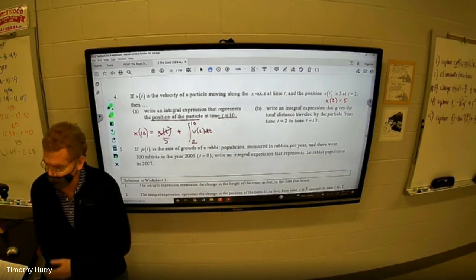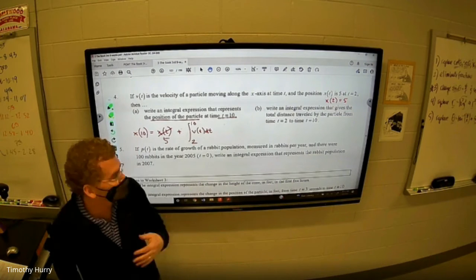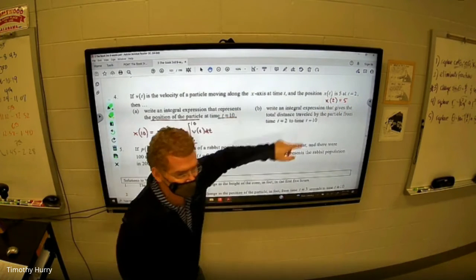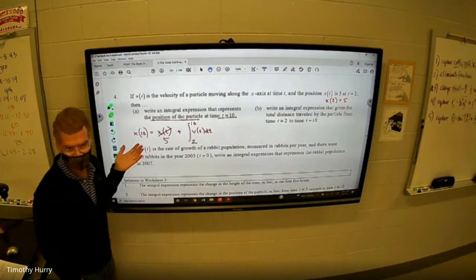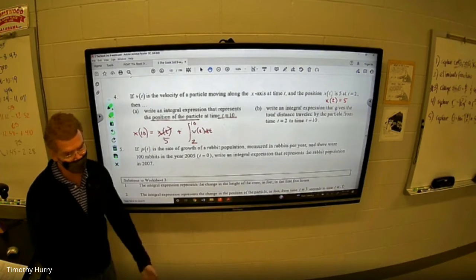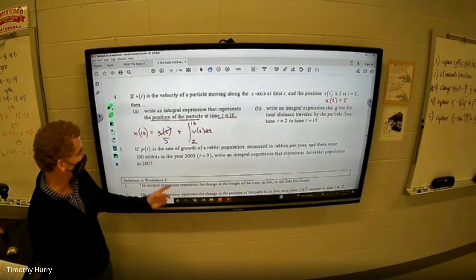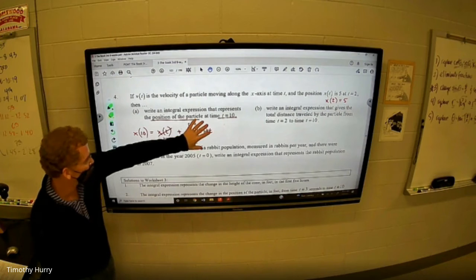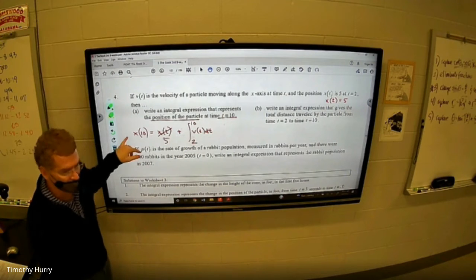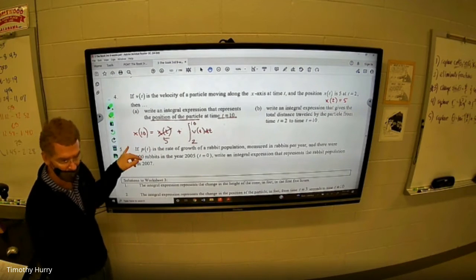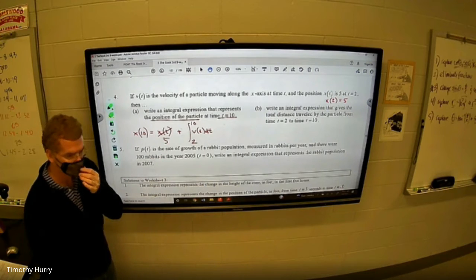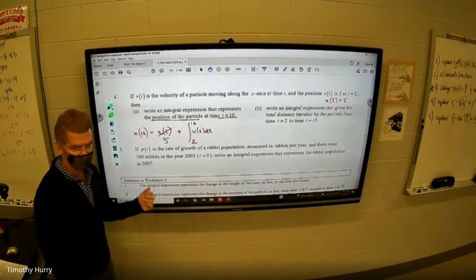If I'm starting at time 0, how much did I change? But I just didn't know 0. I knew at 2. What is this? First fundamental theorem. It may not look like it because I've subtracted that, but isn't the integral of v the change in x? Change in position, x10, final minus x2. I just moved that negative x2 over and made a positive x2.